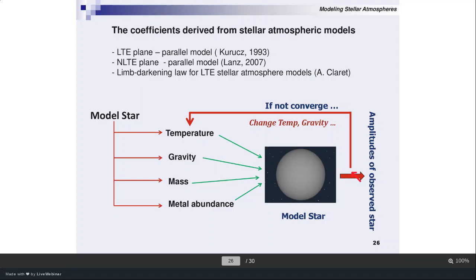This process is very complex. You have to do it again and again, a very time-consuming process. However, when you do this, finally we can have acceptable results with the desired temperature, gravity and mass parameters.